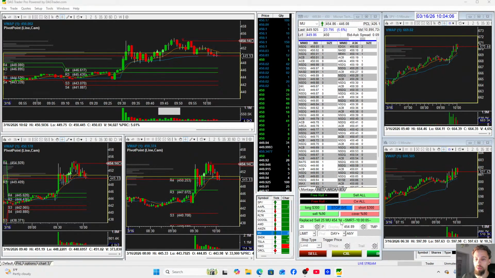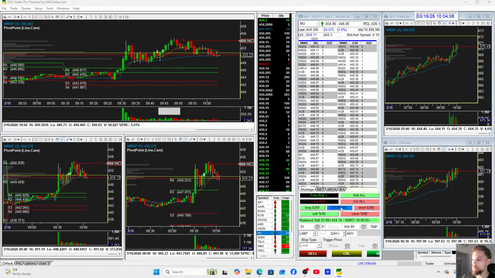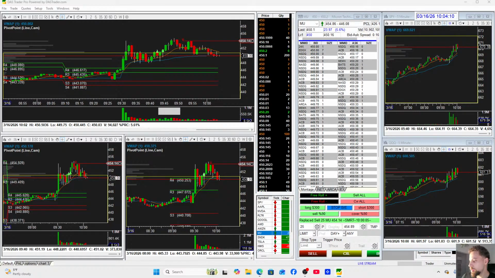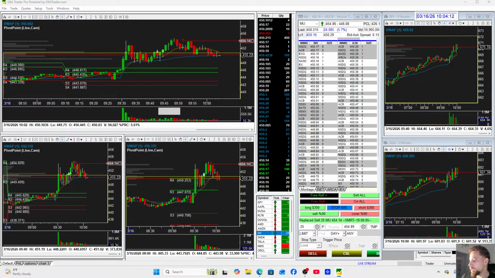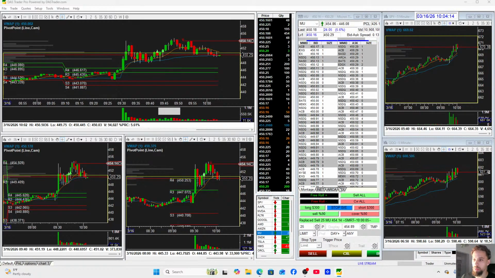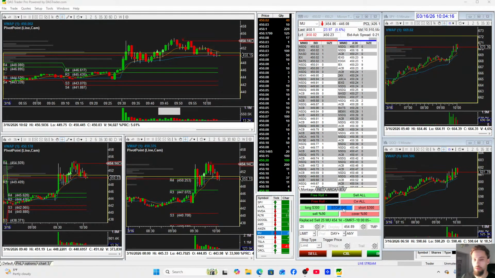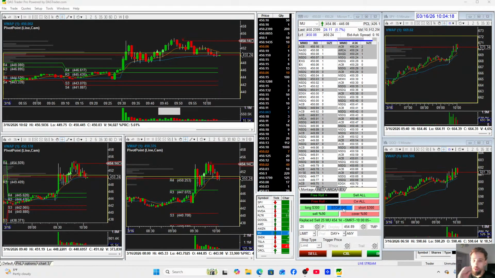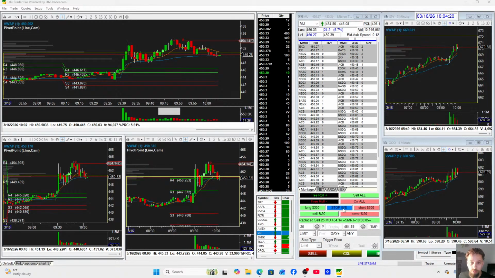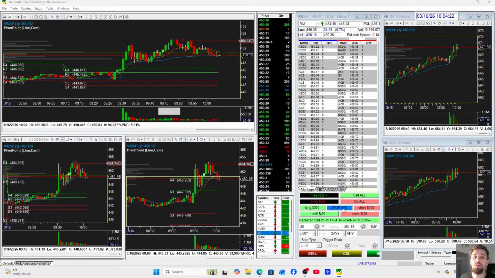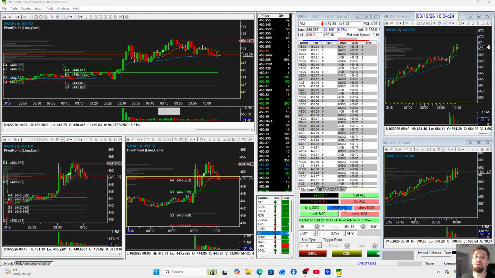It's looking pretty bearish though. This pullback, the volume's dried out pretty significantly though on the 5-minute. If it can push to 455, I think it'll push up quite a bit higher.